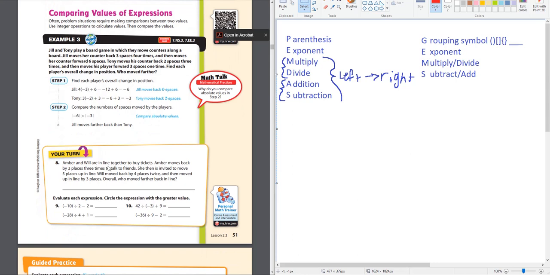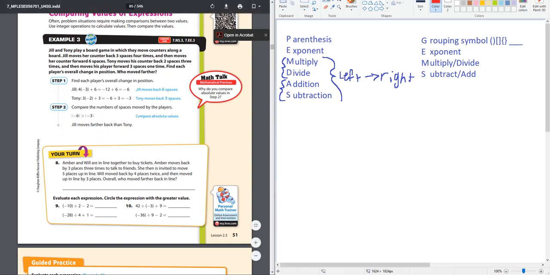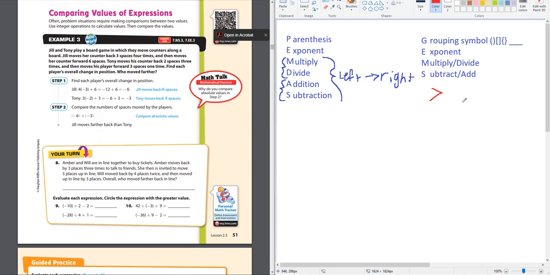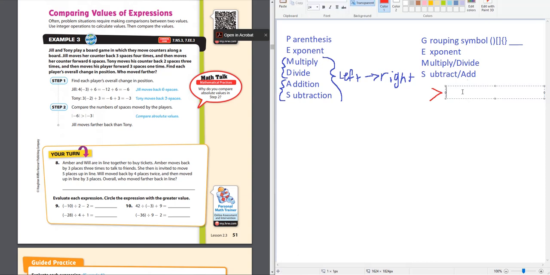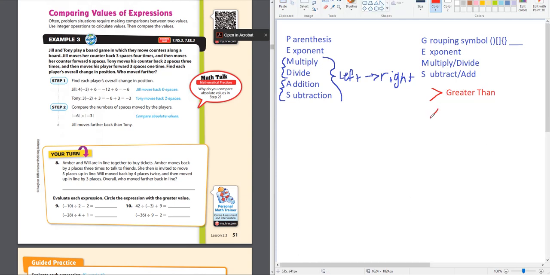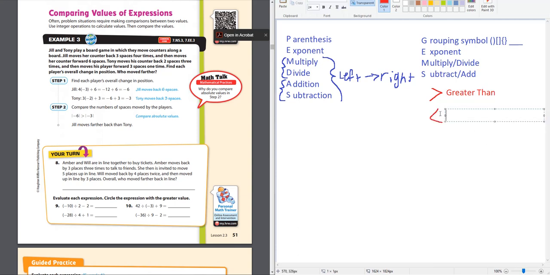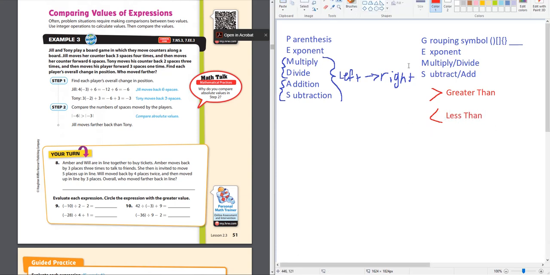All right. And now we have to circle the expression with the greater value. Okay, so if you're comparing, we're going to be using some symbols. If you forgot them, I'm going to write them out right now. We have greater than, less than, and you already know equal.